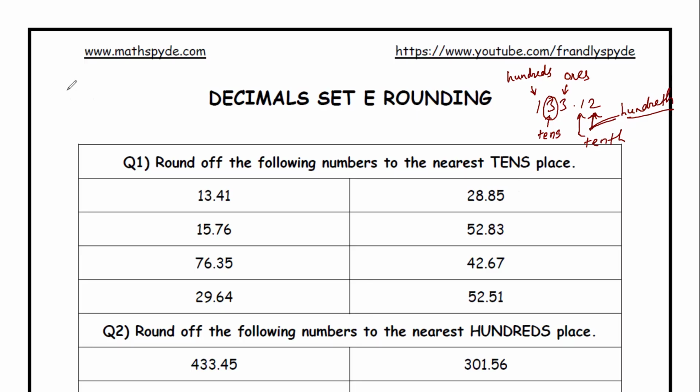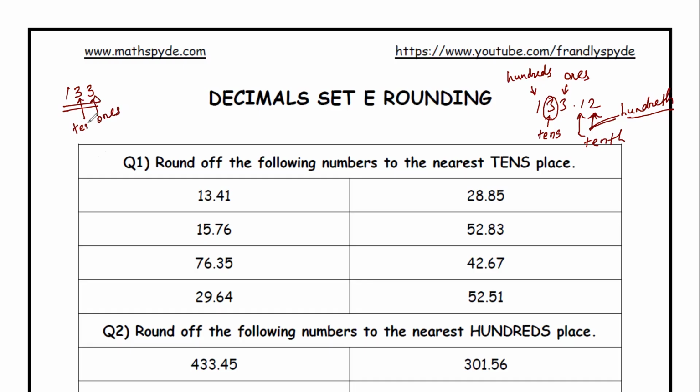Just a quick review. Suppose you've got something like 133. If I ask you to round off this number to the nearest tens place, then this is my tens place, this is my ones place.